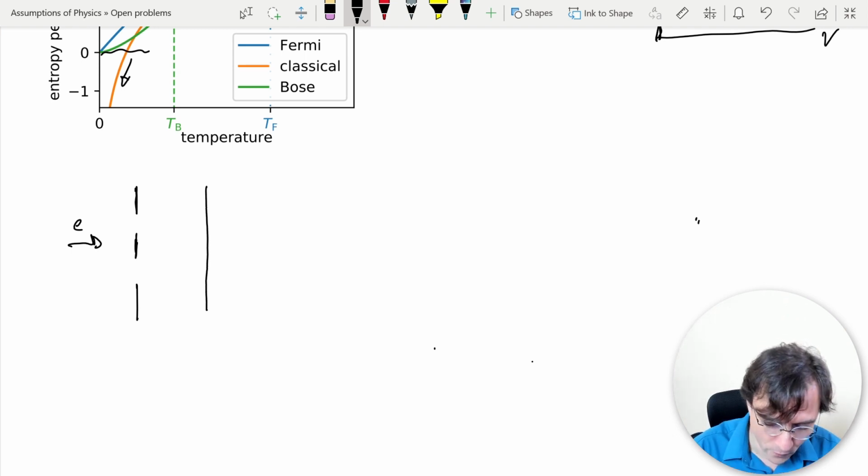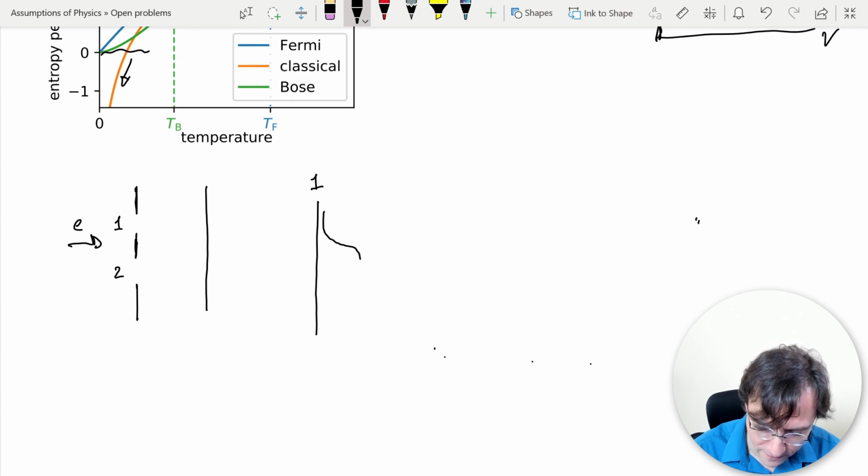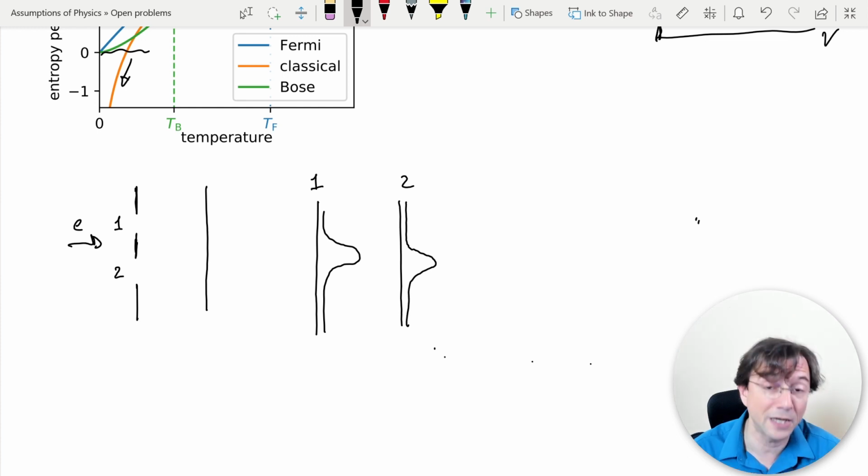Let's call this slit 1 and this slit 2. If slit 1 is open and slit 2 is closed, you would see a single peak. If slit 1 is closed and slit 2 is open, you would have another peak that is shifted from the other.